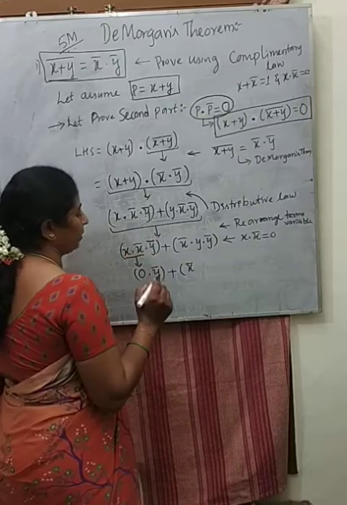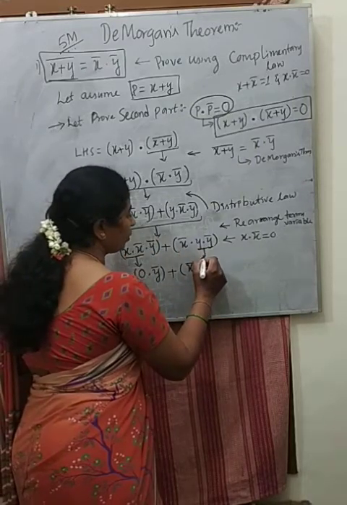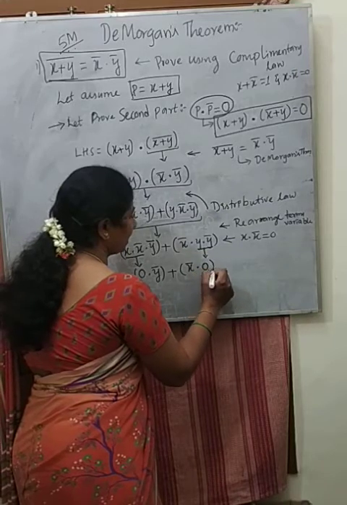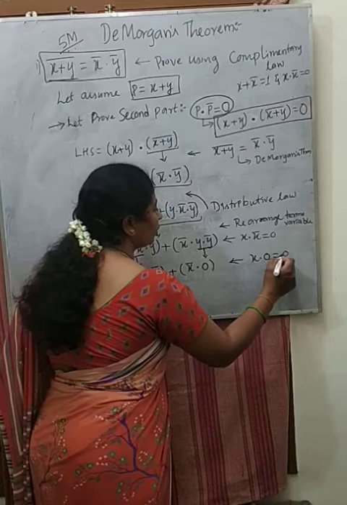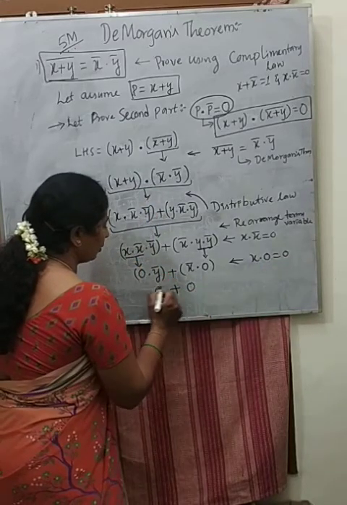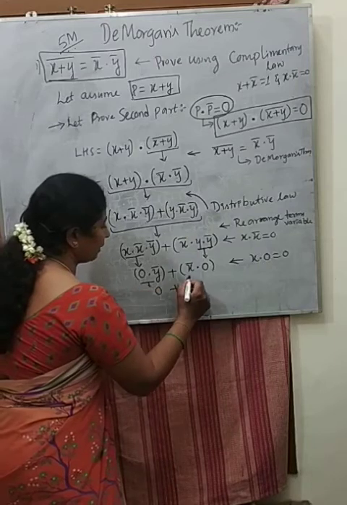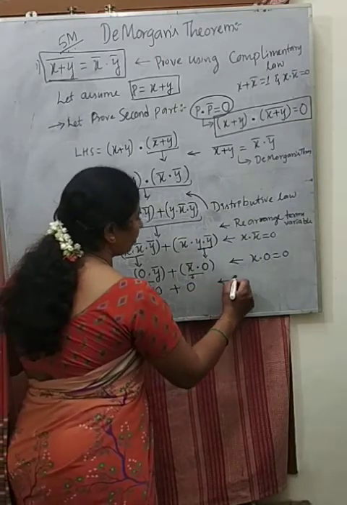X complement into y complement can be replaced as 0. Any value multiplied by 0, what will you get? 0. 0 plus 0. This entire term gets replaced with 0. 0 plus 0 equal to 0.